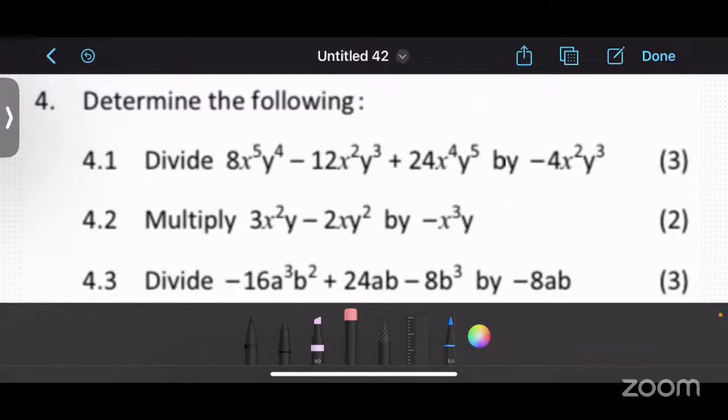How are we going to do this? What is the first thing that we need to do here? Any volunteer?